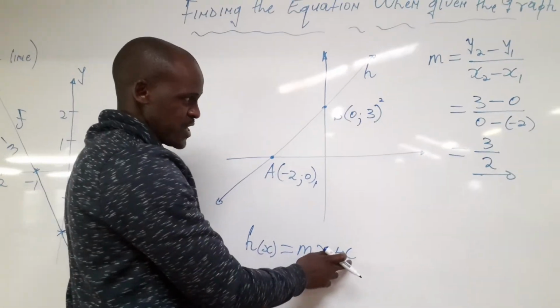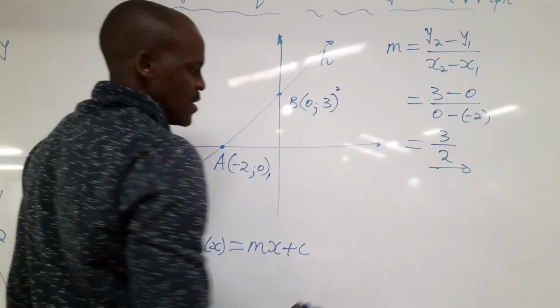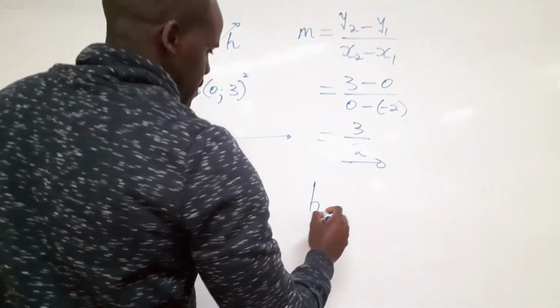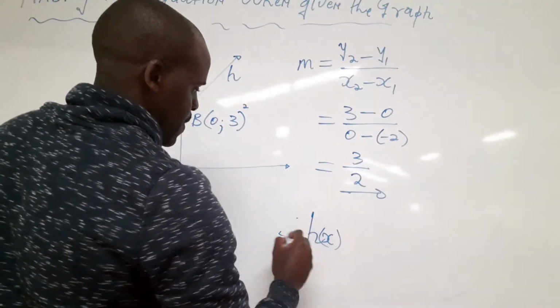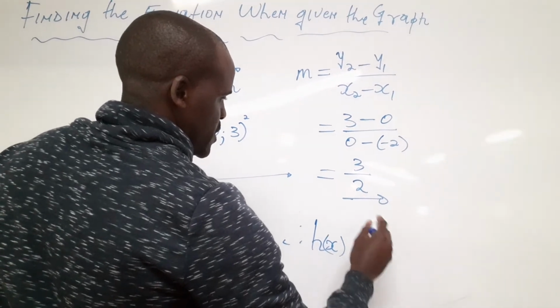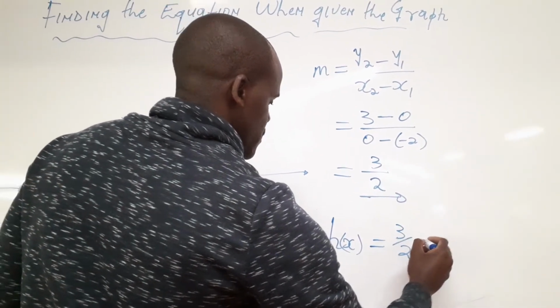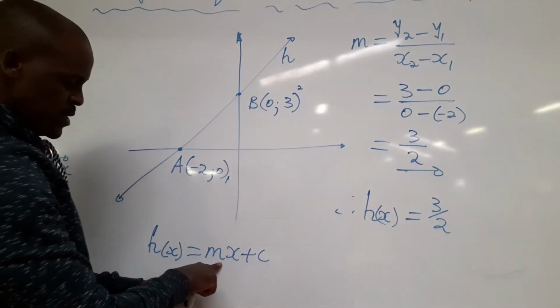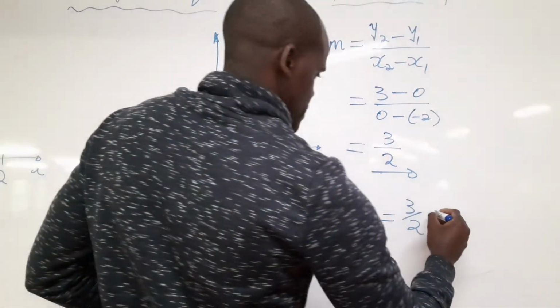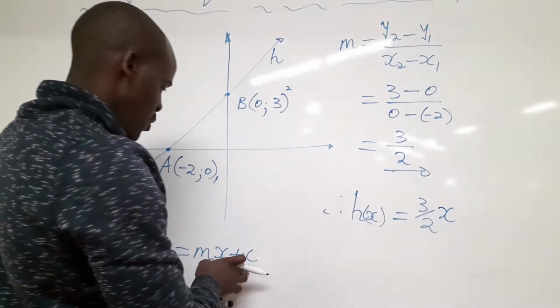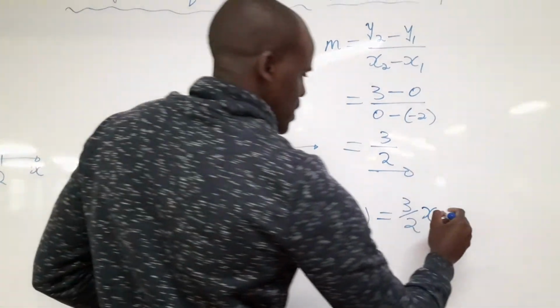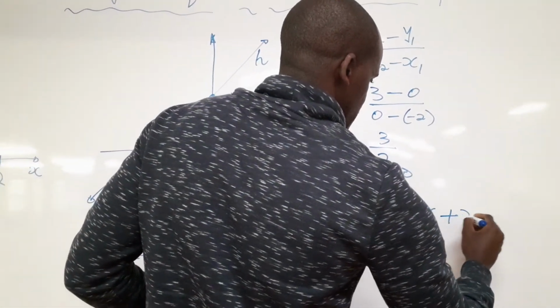Therefore, we can now write our equation because we've got the value of c. C is the y-intercept. Our intercept is there. Therefore, h(x) will be equal to, our gradient is 3 over 2, in the place of the gradient, and then we put x as it is. Our y-intercept is that one, which is plus 3.